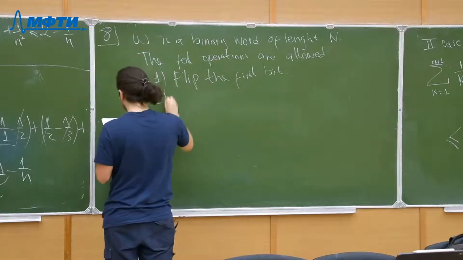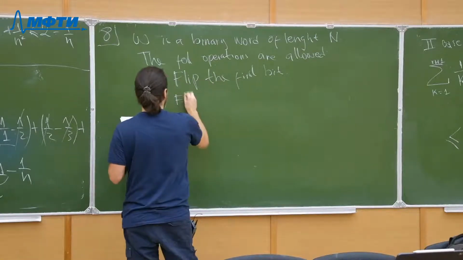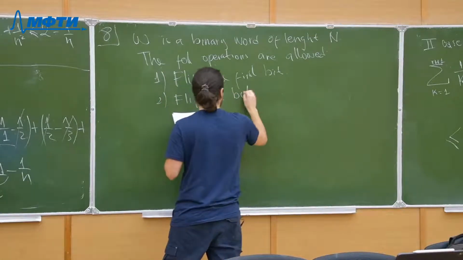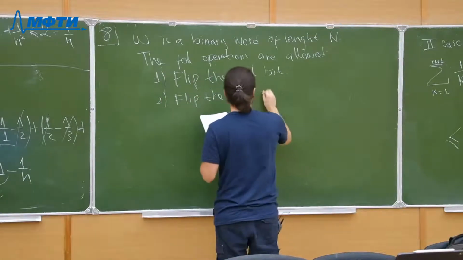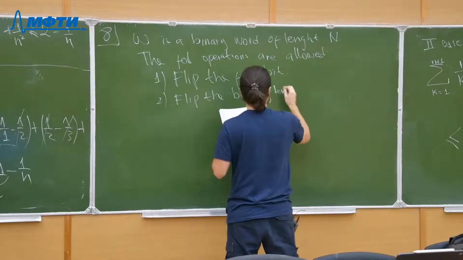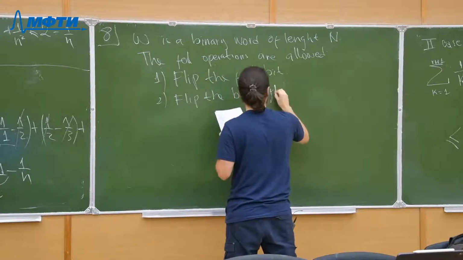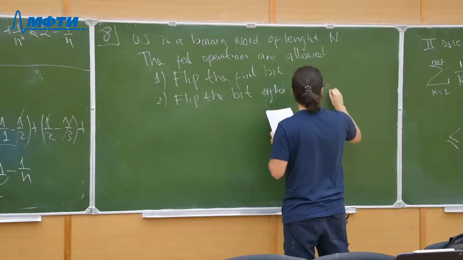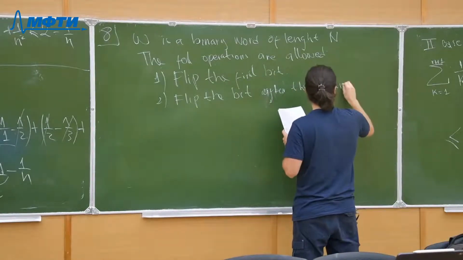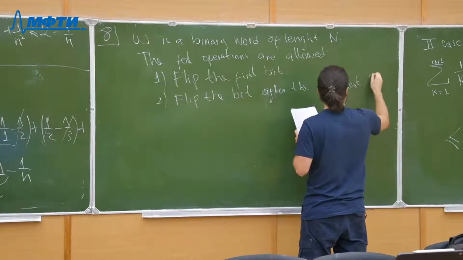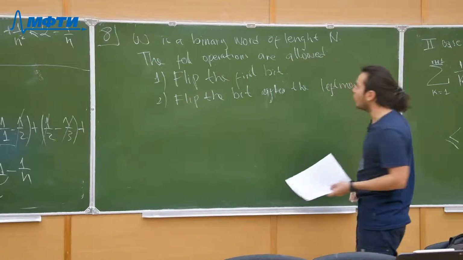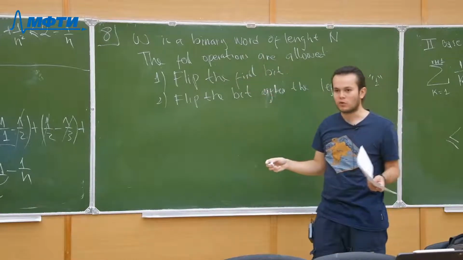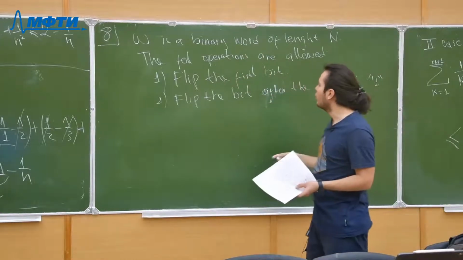Or we can flip the bit after the leftmost one. So of course, you know that, right? A binary word is a word in which we have only 0 and 1.